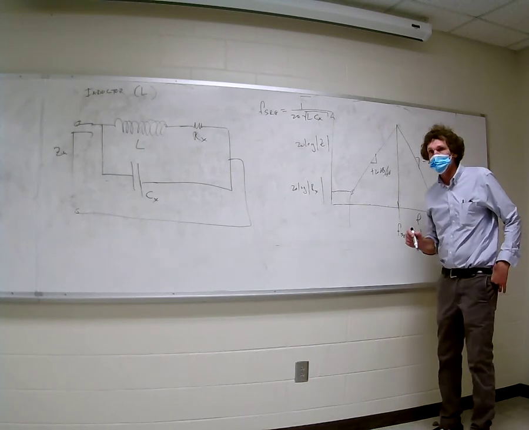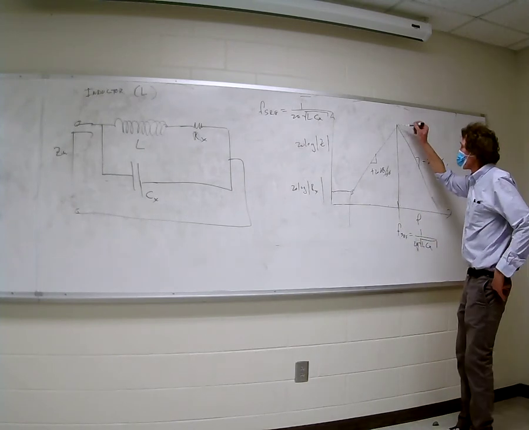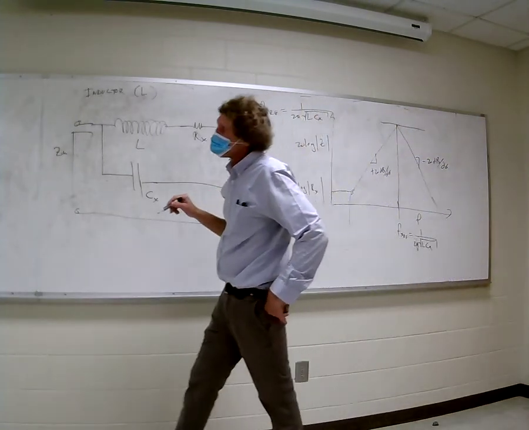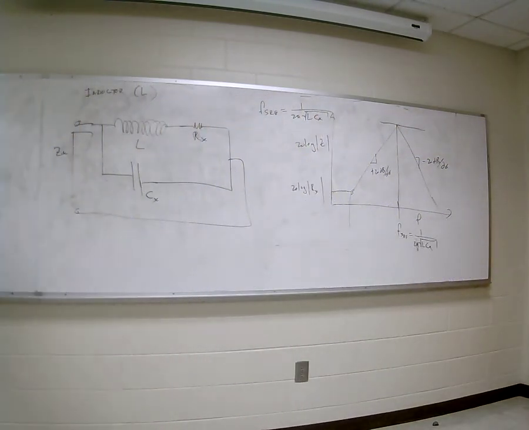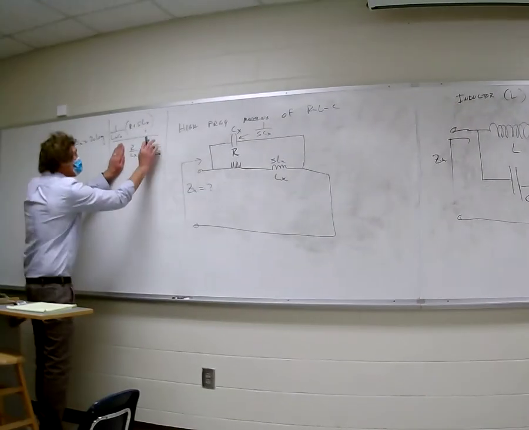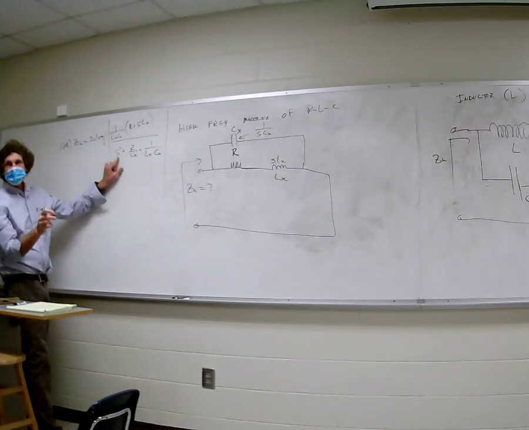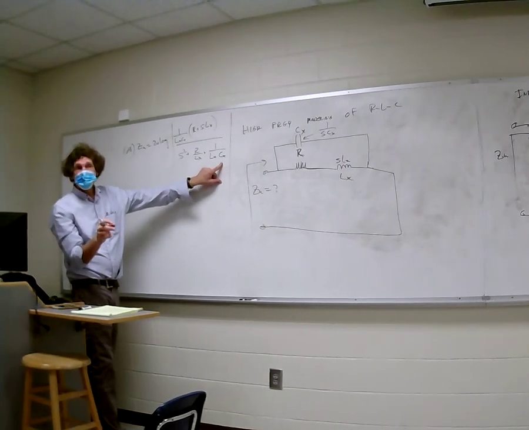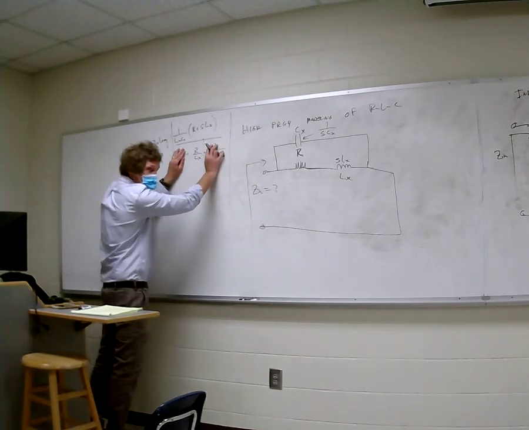What you actually worry about is this value right here. And for that, I come over here and take a look at this equation. When we are at resonant frequency, we know these two terms go away. Do you remember that at resonance, the S squared and the 1 over LxCx cancel each other? That's resonance. You follow me?